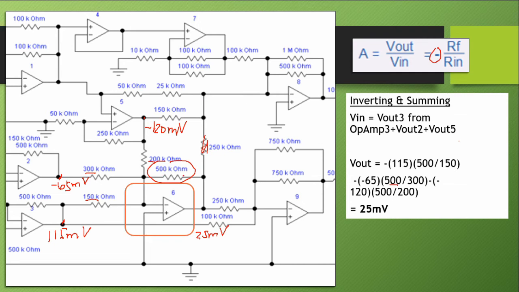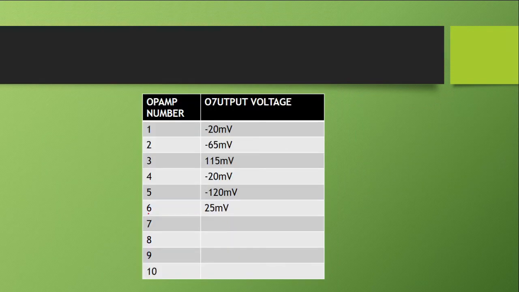So basically it's just 500k as our RF. So that's it. For op amp 6, try to internalize or analyze it carefully. Our output voltage for op amp 6 is 25 millivolts.